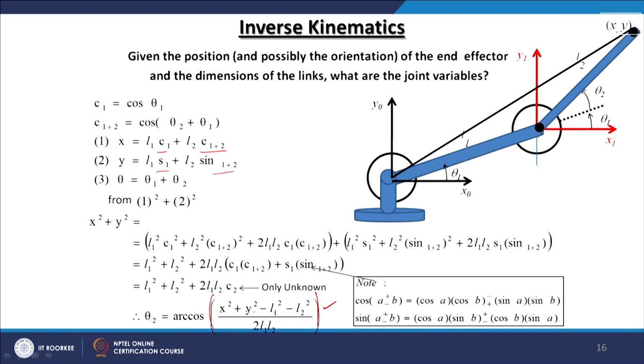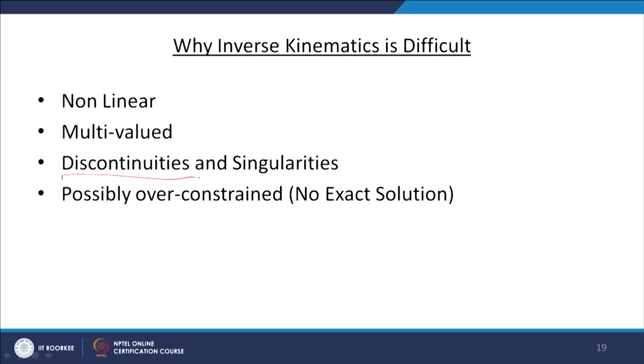So, it means that the position x y is outside the reach of the robot manipulator, or in some different types of robots, the links cannot reach a particular position. Such difficult positions are called the singularities of the robot manipulators. So, we can see that there may be discontinuities in the path, which will be dealt with in subsequent lectures.